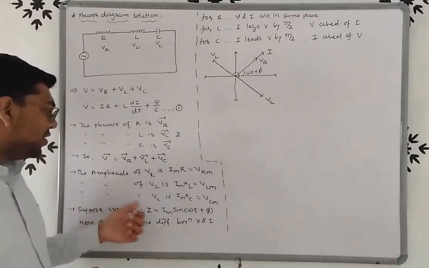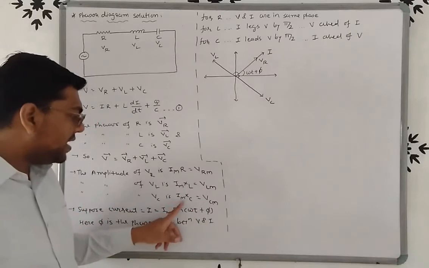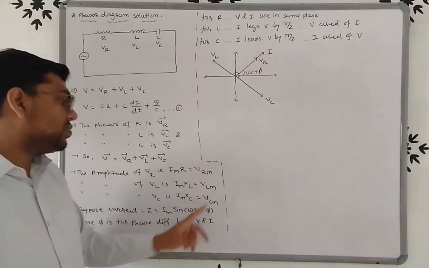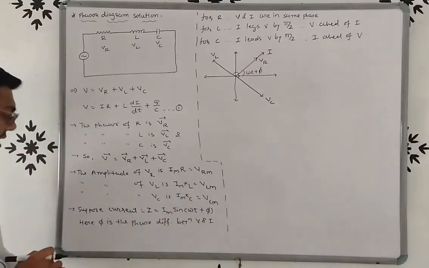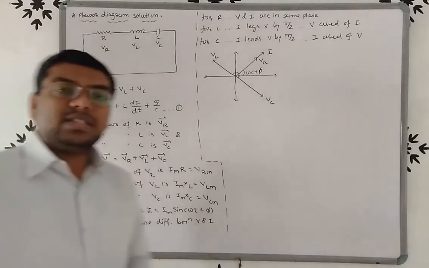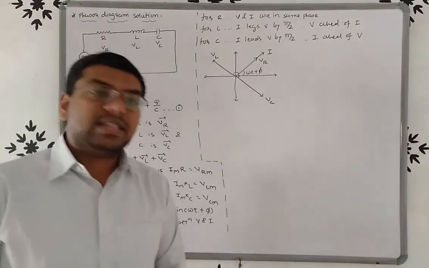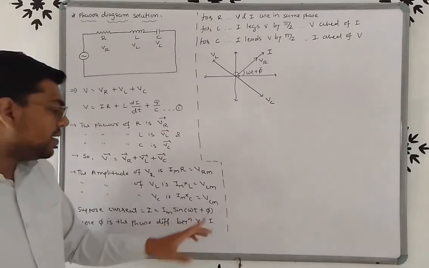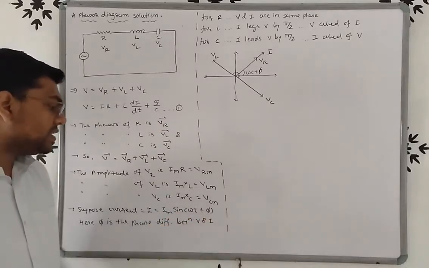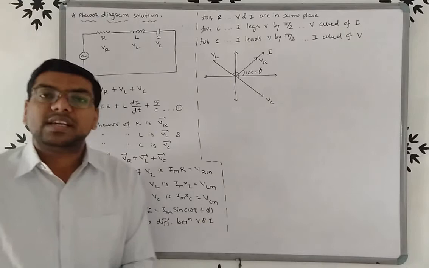Then the amplitude of VC is Im into XC, that is equals to VCM, right? Now here we consider the equation of current. I is equals to Im sin(omega t plus phi). So here phi is the phase difference between voltage and current.